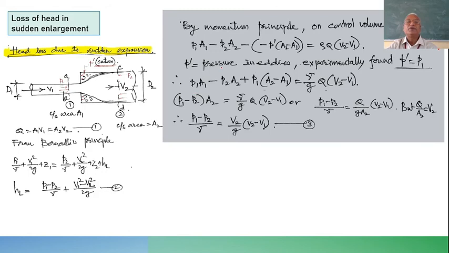Now on the left hand side, what I have written is all the forces because of the pressure. You can see here, P1 is acting on an area A1, that's why the total force is P1 A1. On this area A2, P2 is acting, it is minus because it is going in the other direction, P2 A2. This is also suction pressure, acting this way, that's why minus.